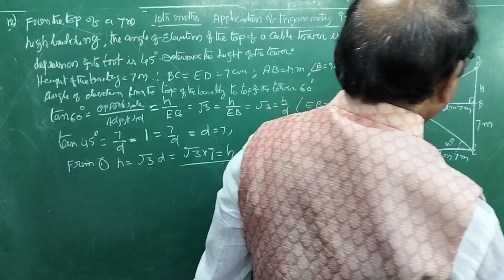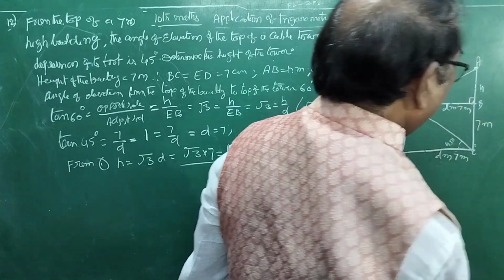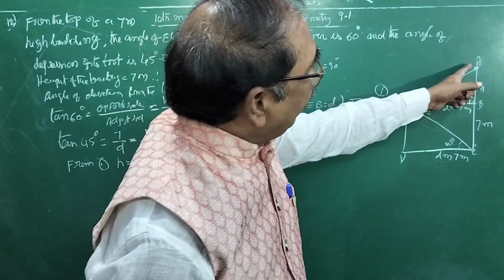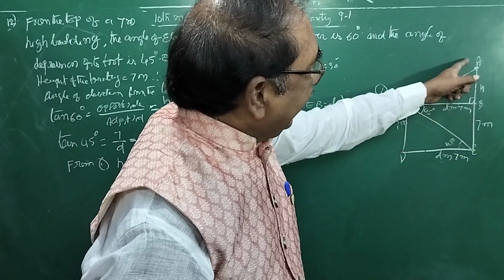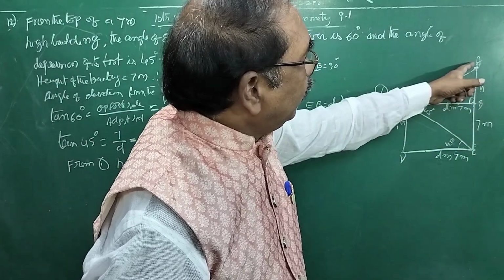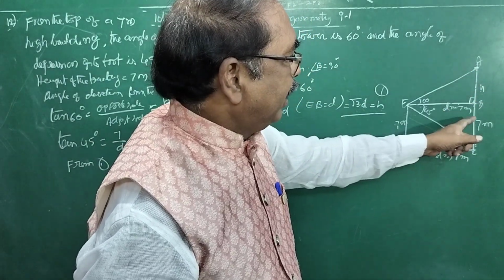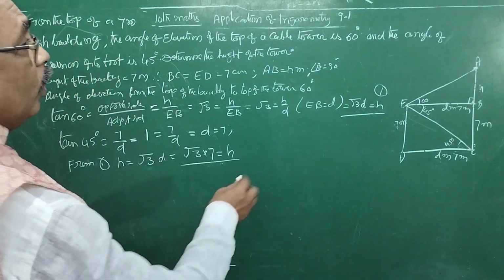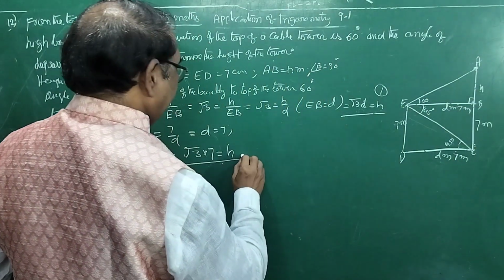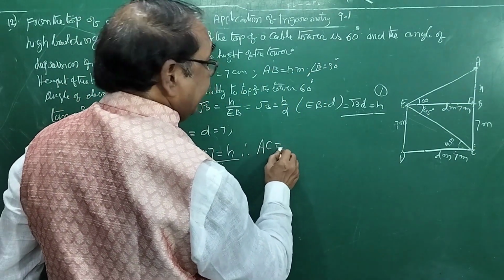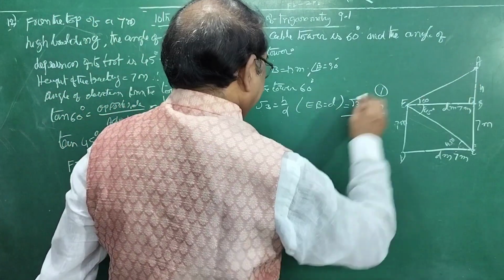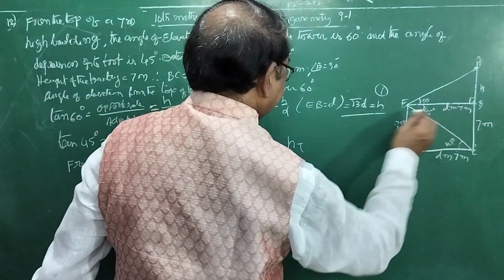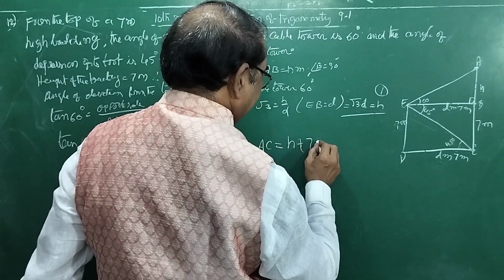Now what do we have to find out? We have to find out the entire height from C to A. Therefore, AC is equal to H plus this 7.